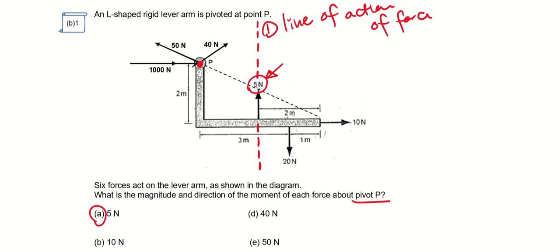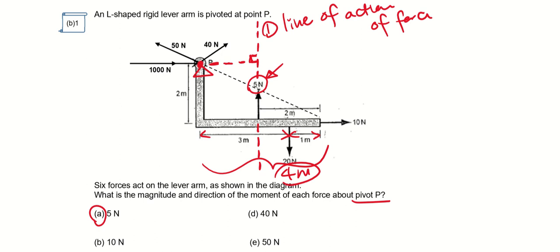Once you have extended it, then pivot is over here. What is the perpendicular distance? It will then be this distance, isn't it? So this is the perpendicular distance for 5 Newton. So let's do some math here. The total length of this rod is 4 meters because it is 3 meters plus 1 meter.